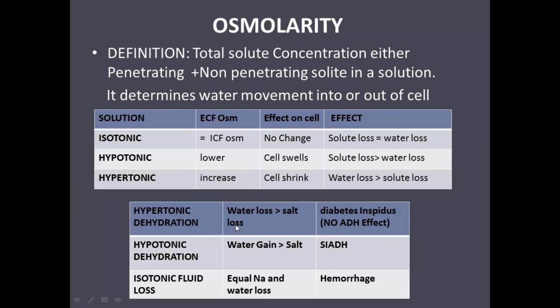Most students get confused between these scenarios because they confuse the osmolarity of the urine and the osmolarity of the plasma. You have to differentiate first whether they are talking about the urine or the plasma, because these are opposite. For example, in diabetes insipidus, the urine osmolarity is low.